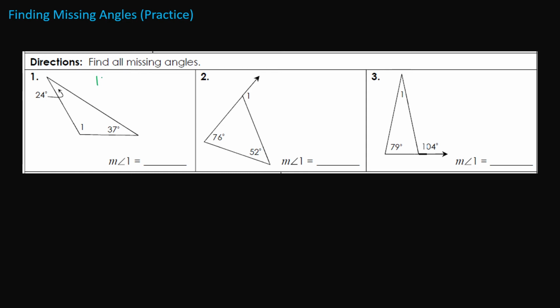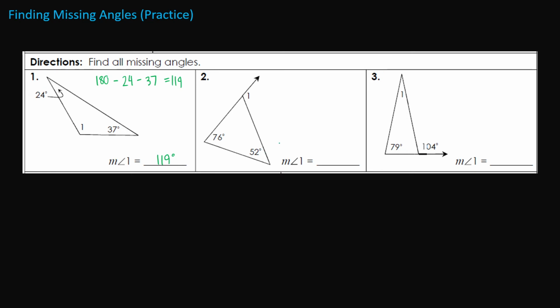So this is a simple one. Take the sum of the angles and subtract what we know. We know there is a 24-degree angle and a 37-degree angle. 180 minus 24 minus 37 is 119 degrees. So the missing angle would be 119 degrees.